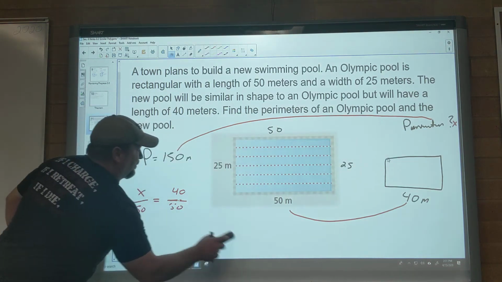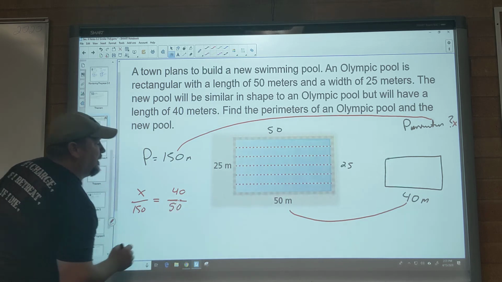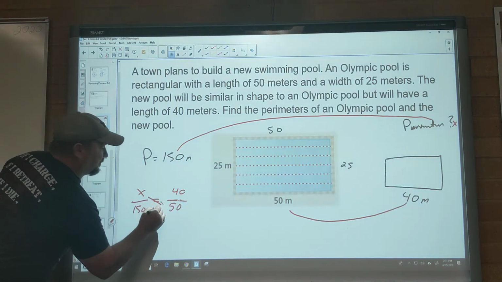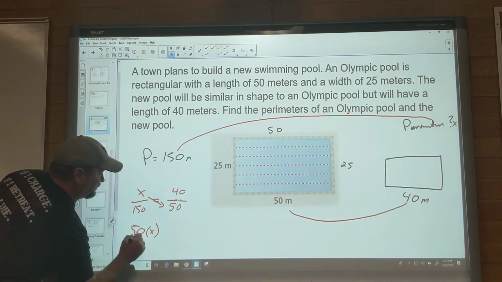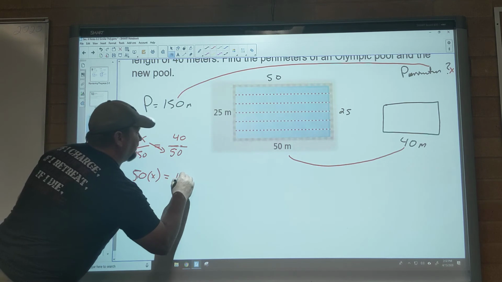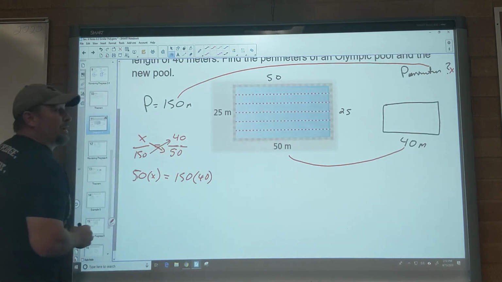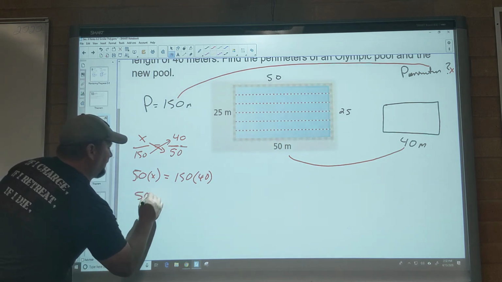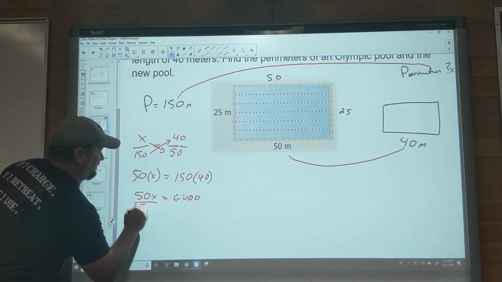And I don't know why my board hates me. We will cross multiply. That's 50 times x equals 150 times 40, which is 6,000. Is that right? Yeah, I think so. So 50x equals 6,000. Divide by 50.